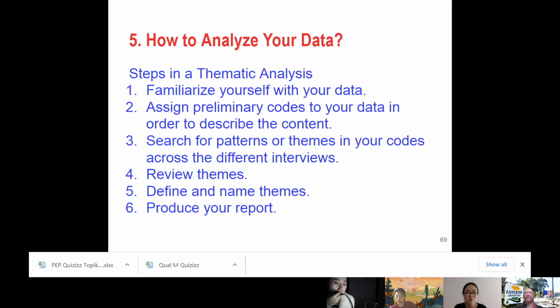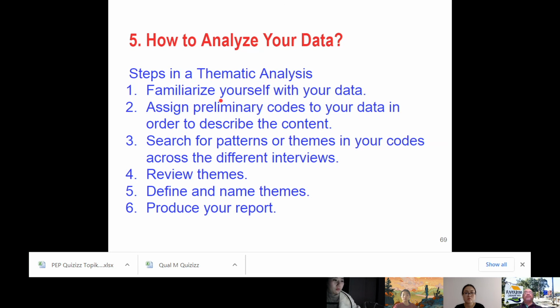You have number 1, number 2, number 3, and number 4. These points are themes. So we call this thematic analysis. These are the steps to do thematic analysis.